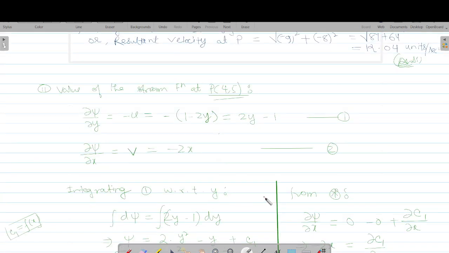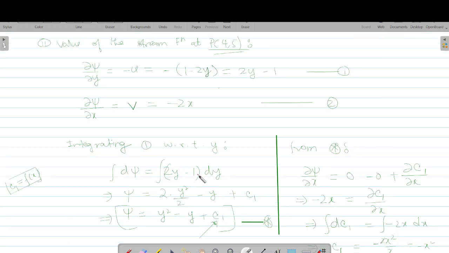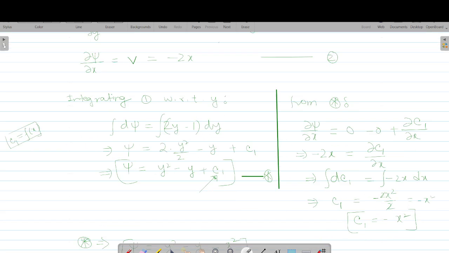Then, as we are required to figure out the value of the stream function at P(4, 5), we can use the values of u and v, and we can use these equations. Then what we have done is integrate equation number 1 with respect to y to get a function which has a constant of integration, and that is a function of x. Then from the star equation, we did a differentiation with respect to x.